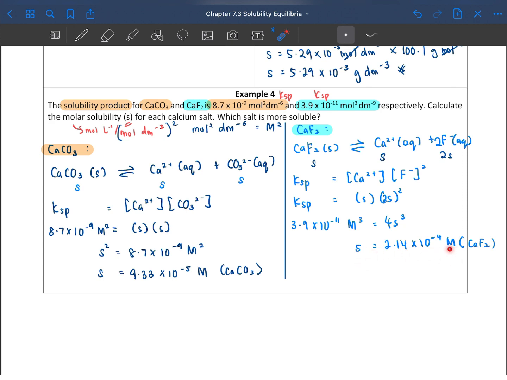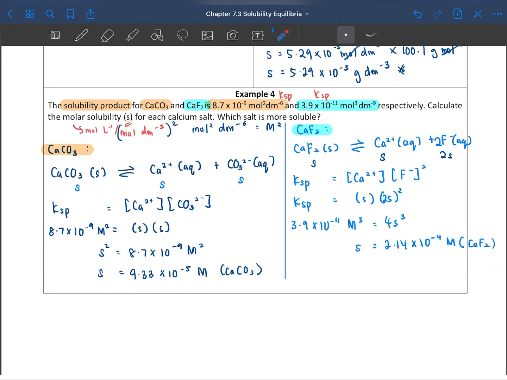That means in 1 liter of solvent, CaF2 boleh dissolve sebanyak 2.14 exponent negative 4 mole of solute, banyak berbanding CaCO3 yang can just dissolve 9.33 exponent negative 5 mole per liter. So the answer is CaF2.